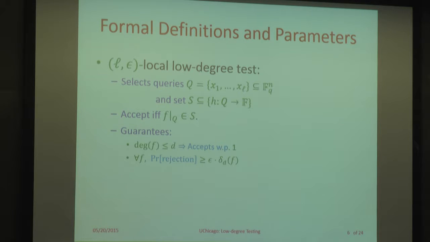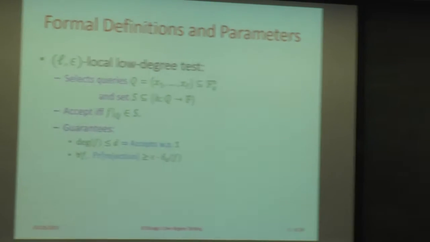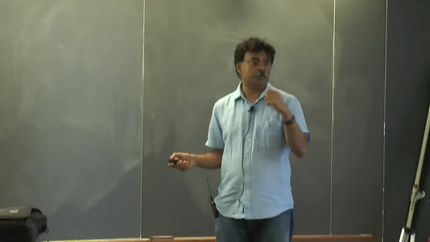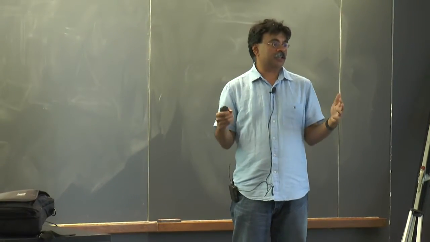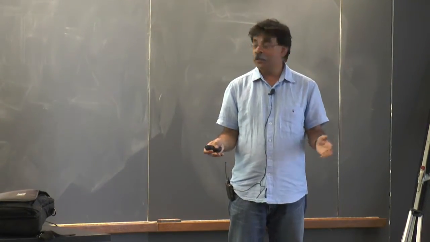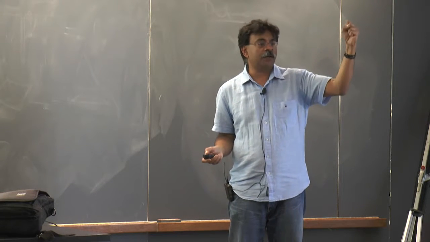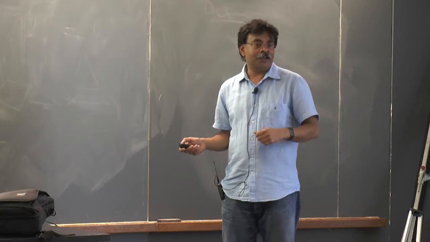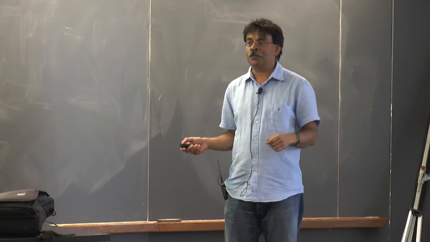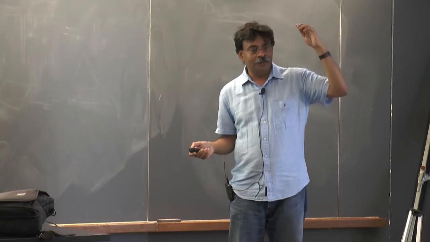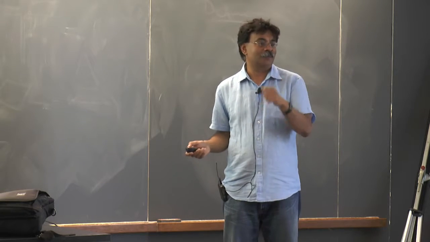If I must change the value of the function at 5% of the values to get a degree d polynomial, and epsilon is 0.1, then I might just reject it with probability 0.5%. On the other hand, if this function only differs from degree d polynomials in one location, then I should reject it with probability q to the minus n times 1/10.